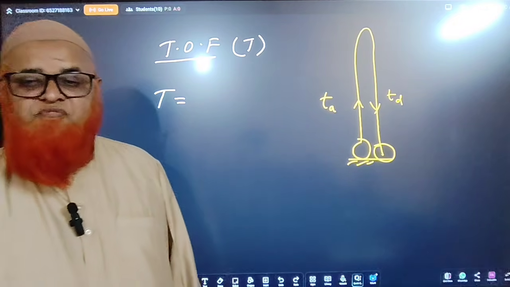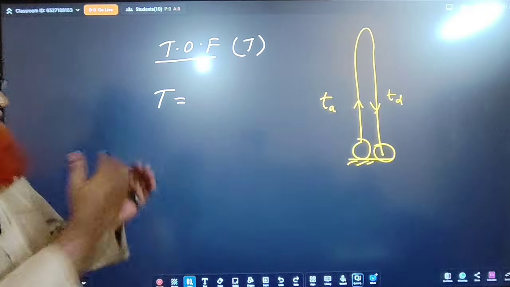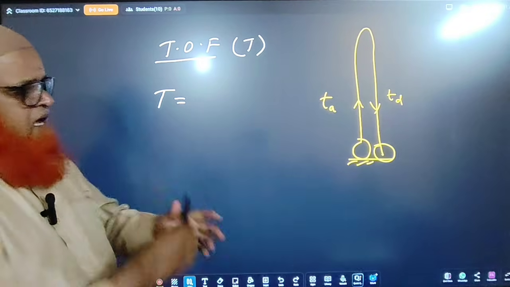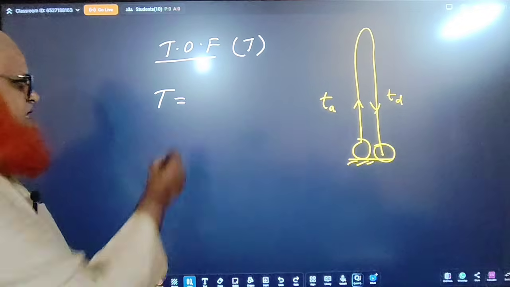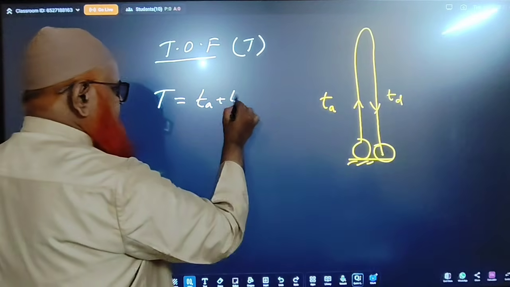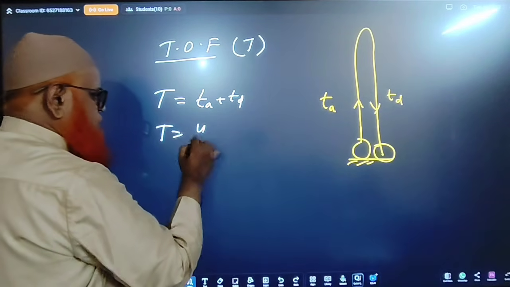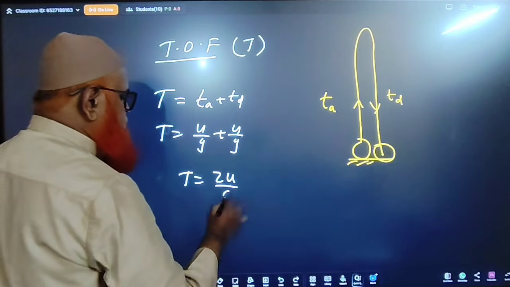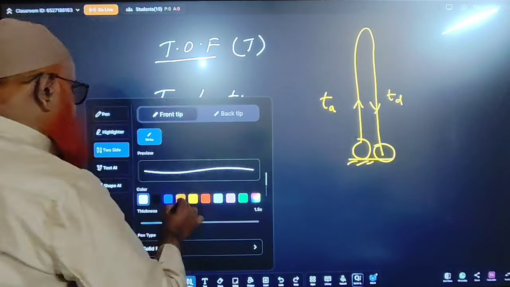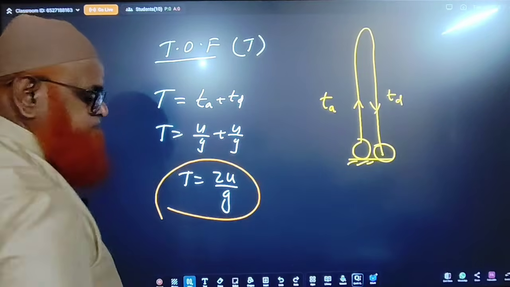That is called time of flight, which is nothing but the combination of Ta plus Td. So which is u by g plus u by g. Therefore this is going to be 2u by g. So we got the formula for time of flight also.